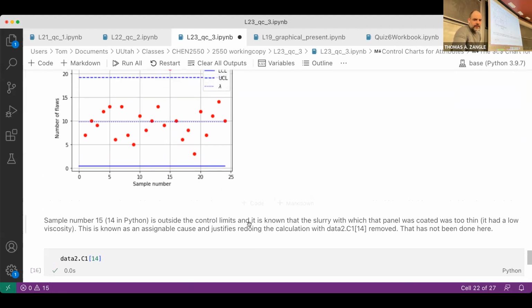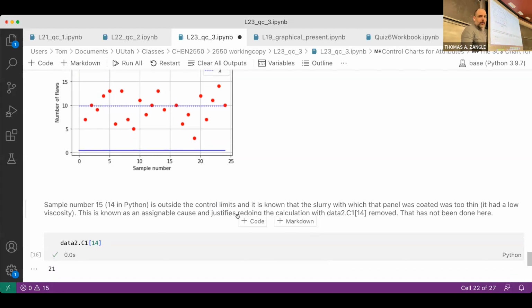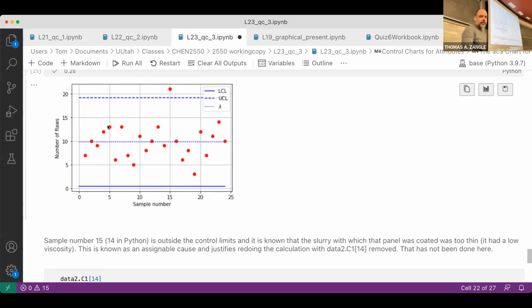So sample number 15 is outside the control limits. In this case, that may have had some attributable cause, which would be that the slurry was too thin, had a low viscosity. So we'd call that an assignable cause. If that's true, it would be reasonable to redo the calculation by removing that.